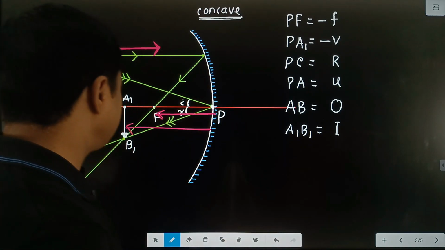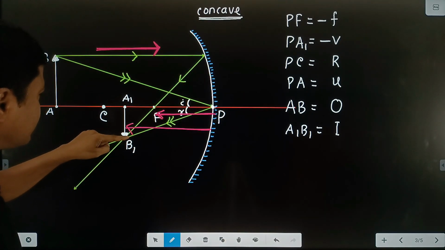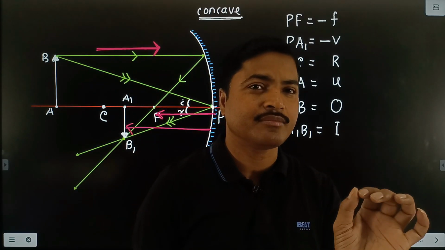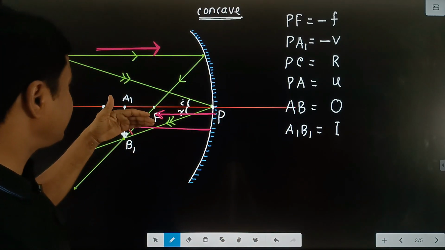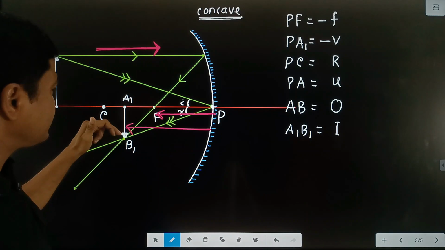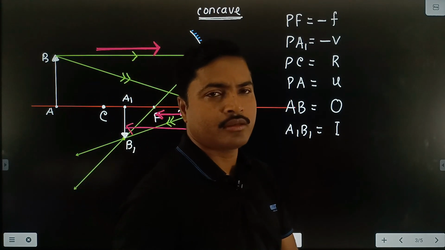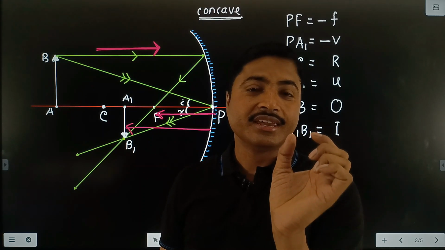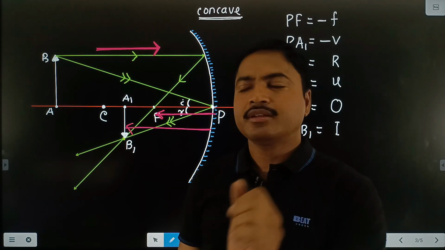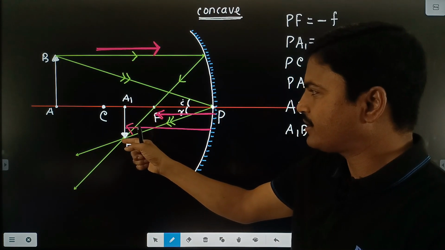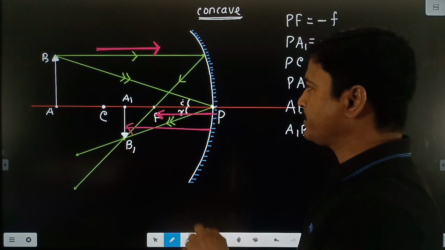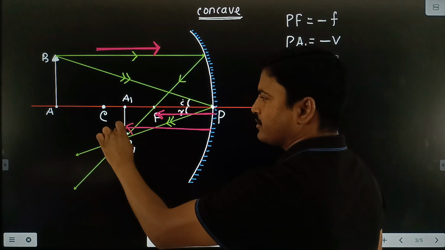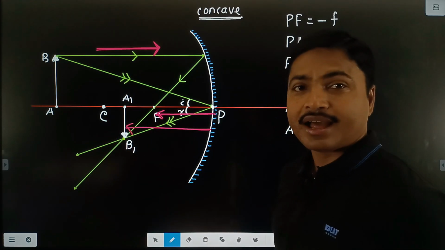Clear? And here the image is inverted. Inverted means not erect, and erect means not inverted. The image is inverted, and this is a real image. Why? Because both the reflected rays actually meet at this point, so the image is a real one and inverted.